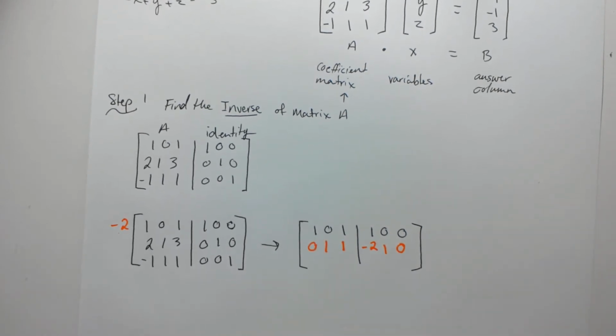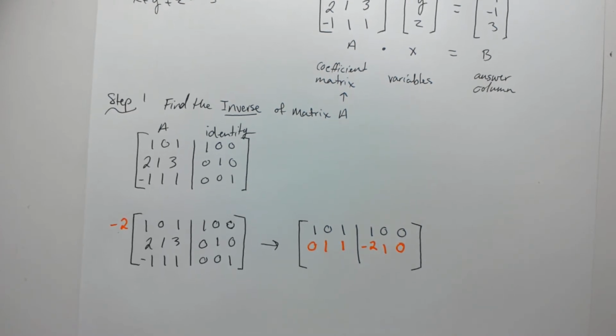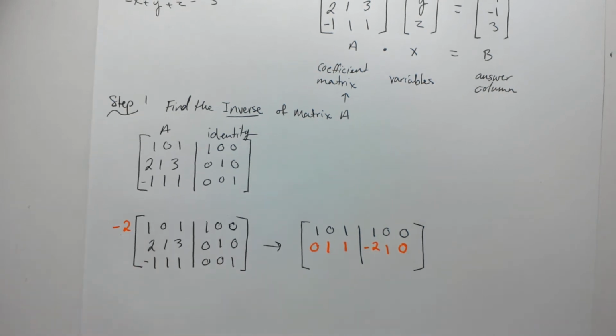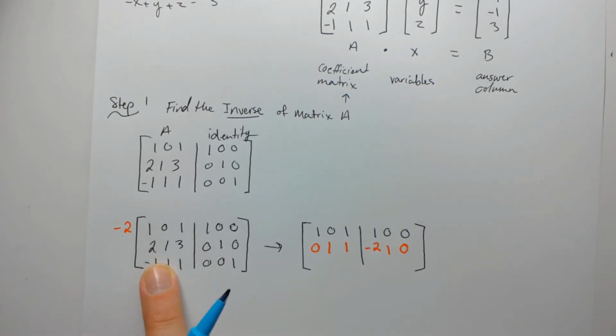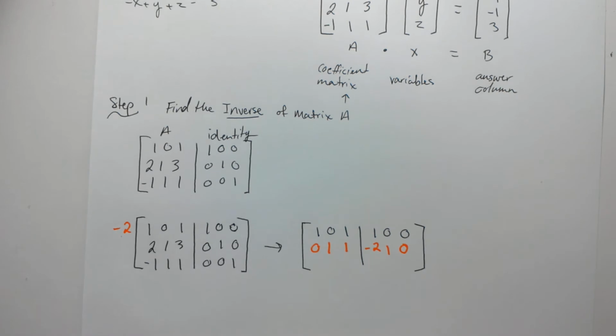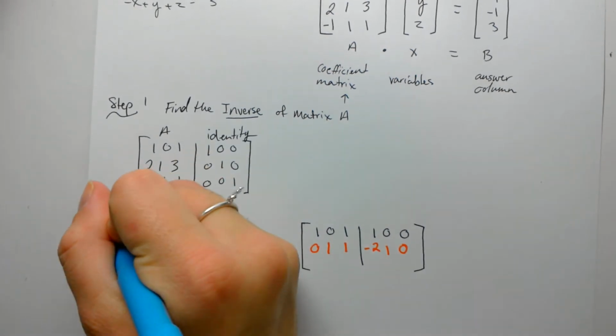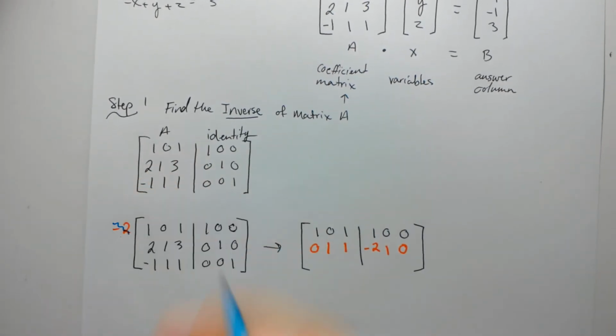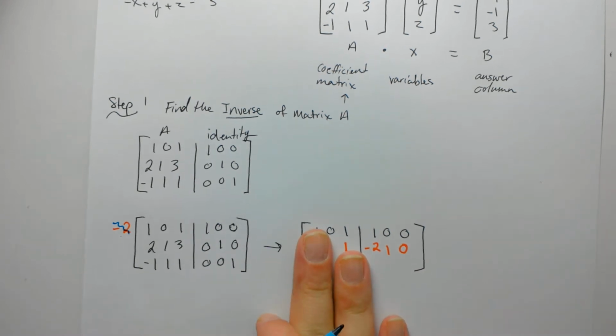Okay, so now our next step is to make this bottom row here into, you have to multiply it by a +1, because this -1 needs to change to a positive. We already did this, so I'm going to cross it off, but you know what we previously did.